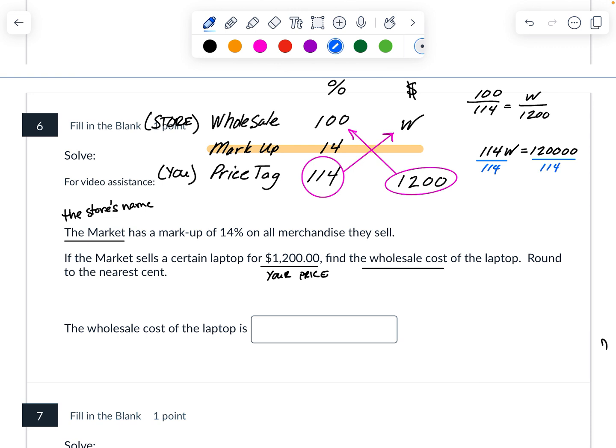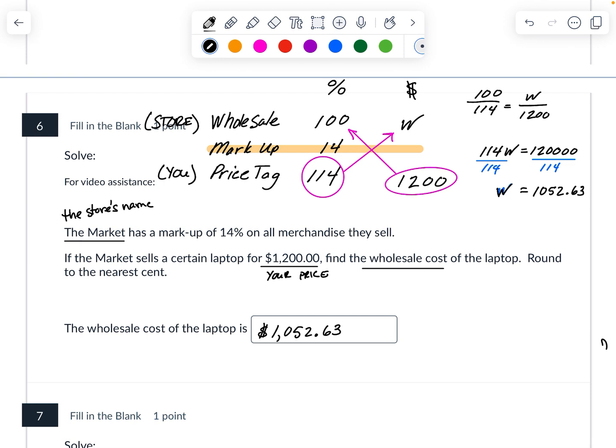And when I'm by myself, I do this. Hey Siri, what's 120,000 divided by 114? So they purchased this laptop for $1,052.63.